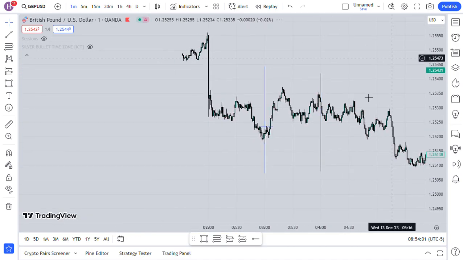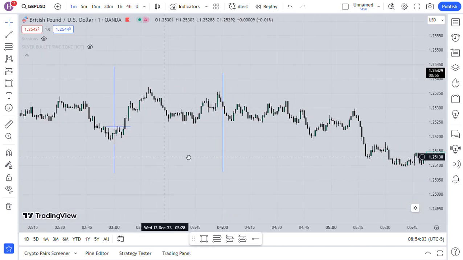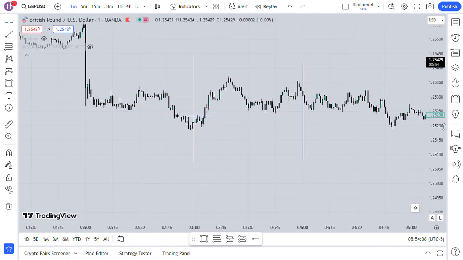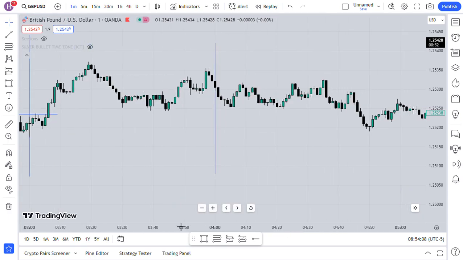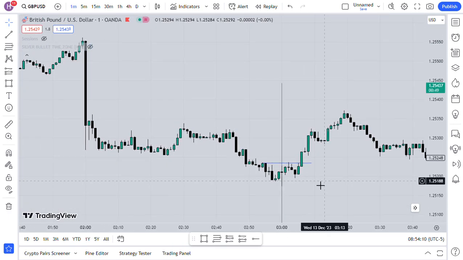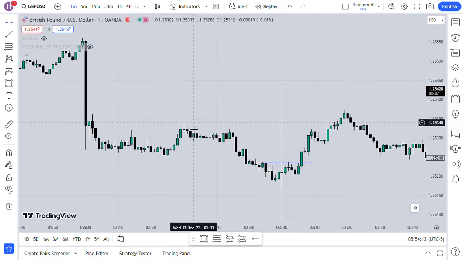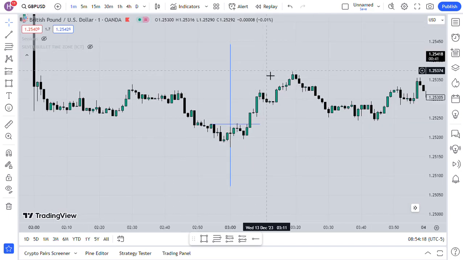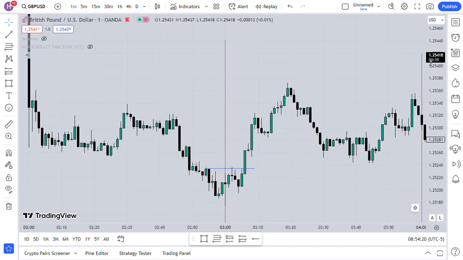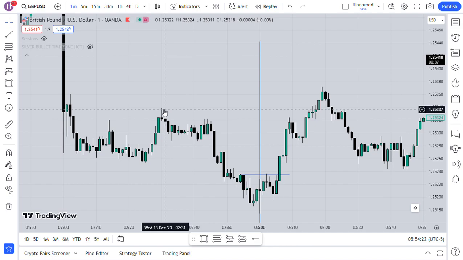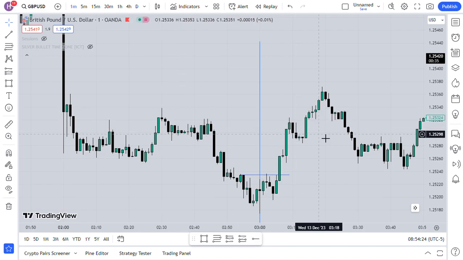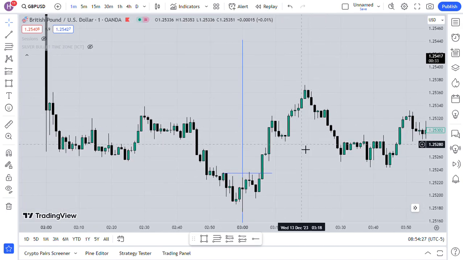These blue line markings are the markings of the silver bullet time frame, and as you can see, the market started to retrace up, taking out this liquidity here, this high. After that, when it took out this high, it started reversing downwards.